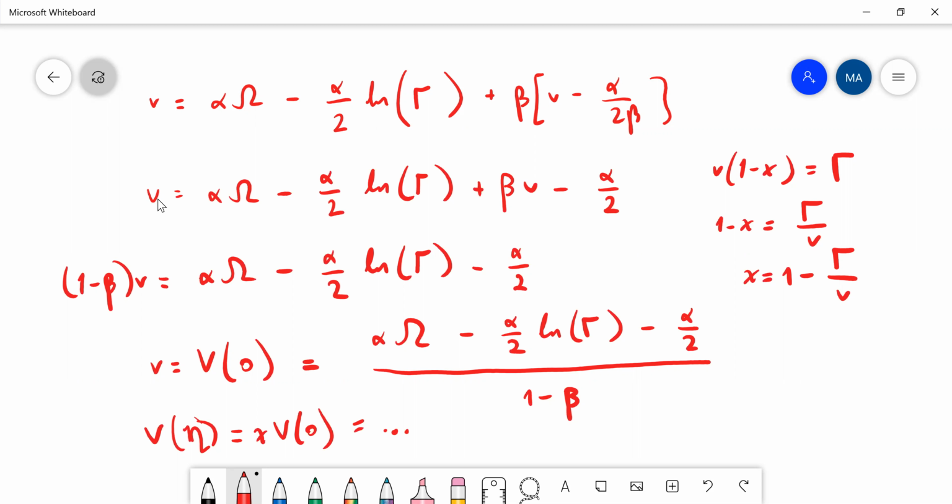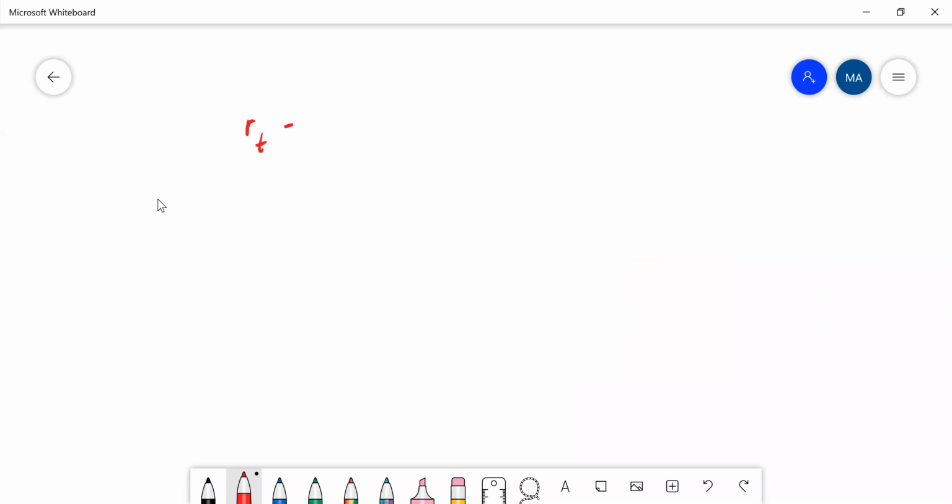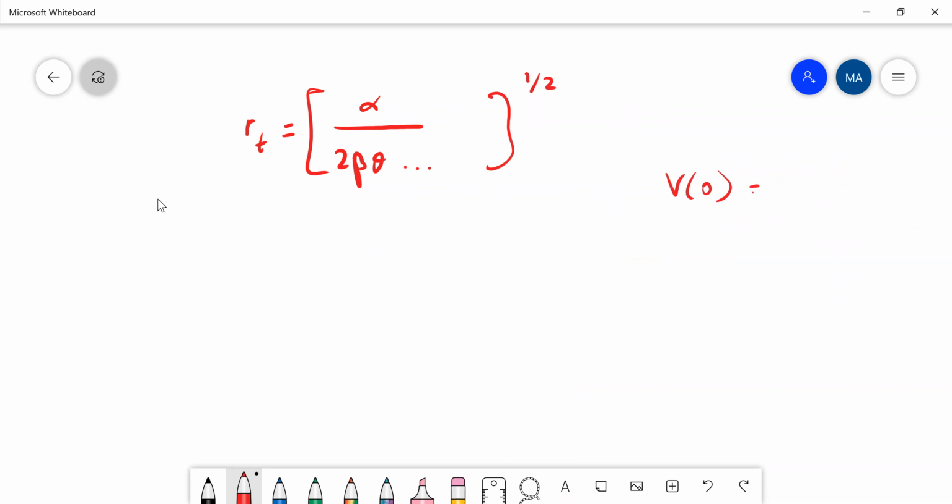That's your solution, because now how is that your solution? Because now you have RT, right? So you eliminate V0 and V1, so you find RT only as a function of parameters, right? Because you find V0 as a function of parameters. You have V1 eta as a function of parameters.